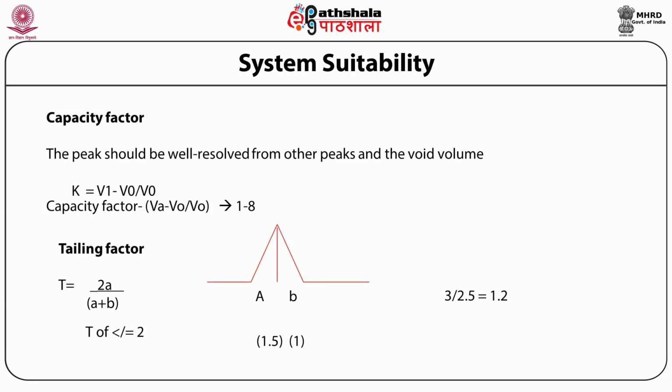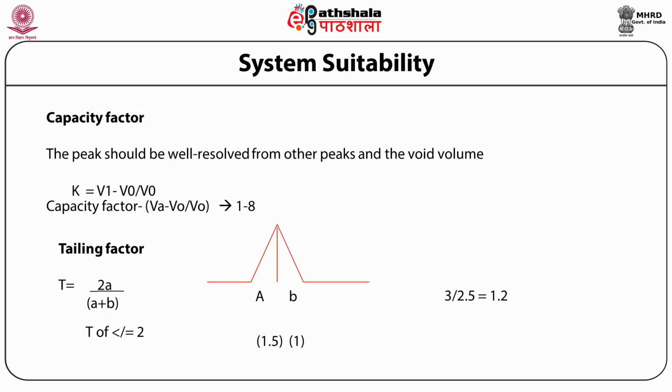The capacity factor: as I have already explained what void volume is, my job is much easier now. The capacity factor K is given by the formula K = (V1 - V0) / V0. V0 is the void volume, and V1 is the retention volume at which your peak comes up. When you calculate it, it should be 1 or 2. It should not be less than this number, which shows it is capable of resolving well away from V0.